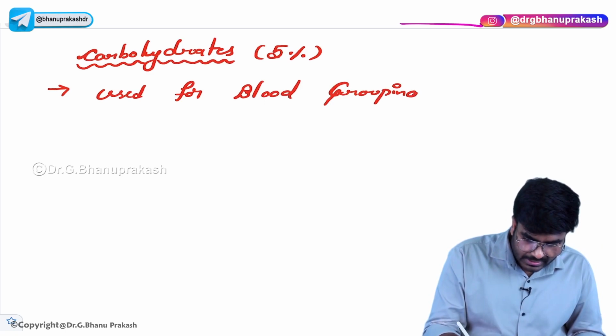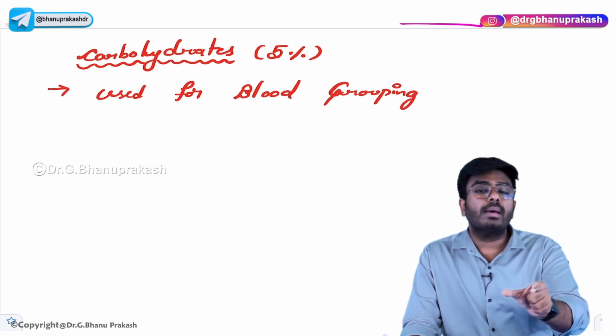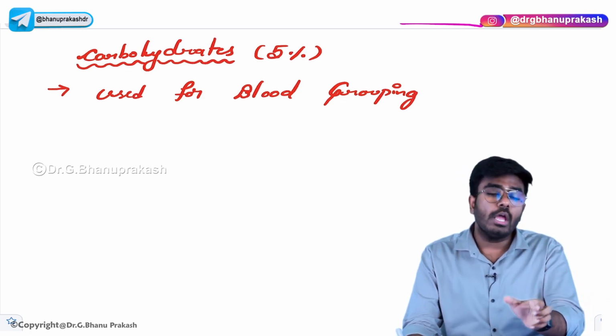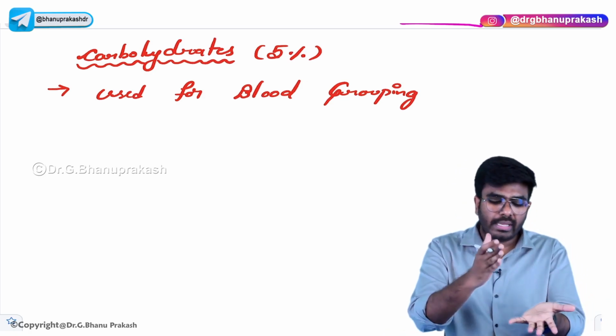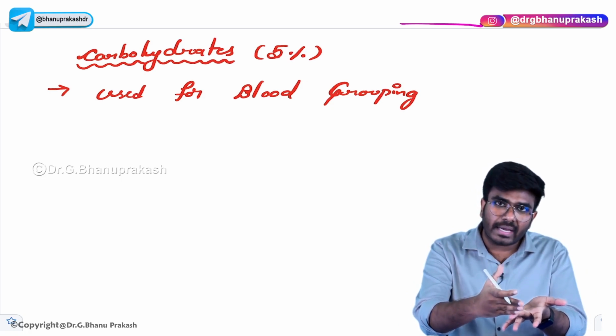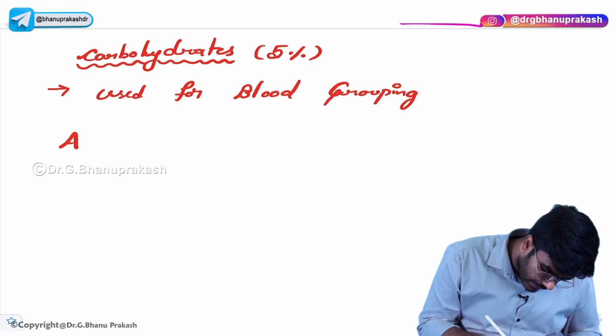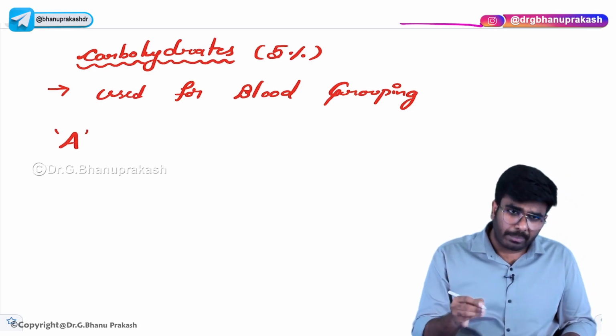Based on the presence of different types of sugars on the RBC cell membrane, we have categorized the blood groups into A type, B type, AB type and O type. If I say A type, what exactly does it mean?